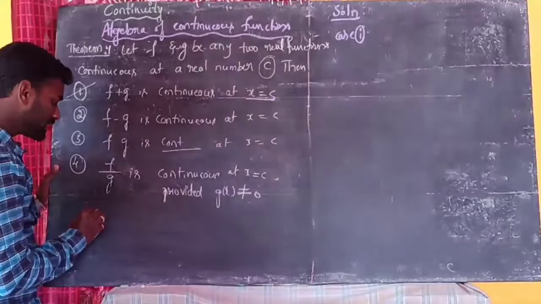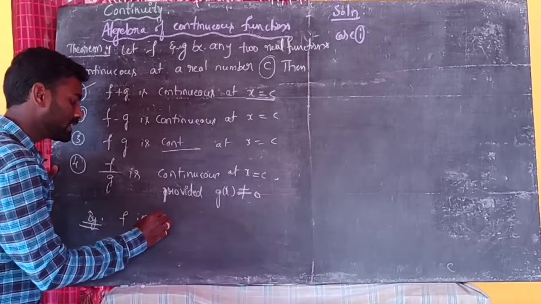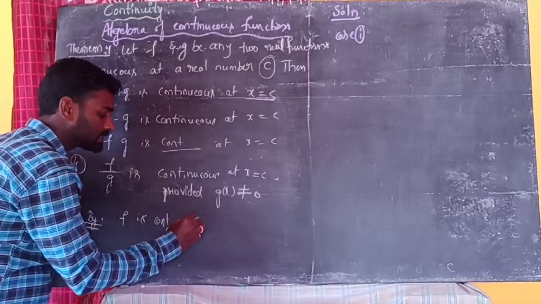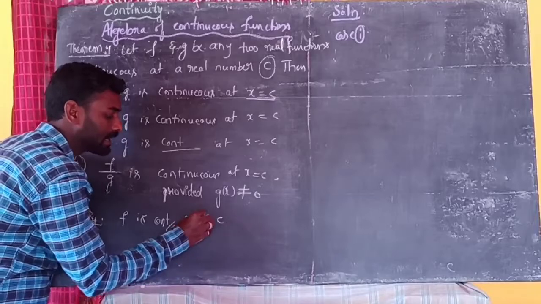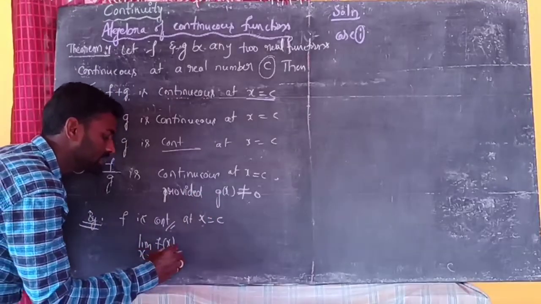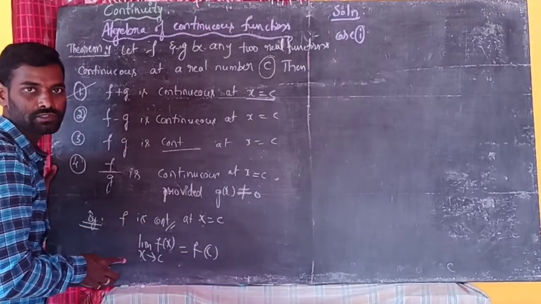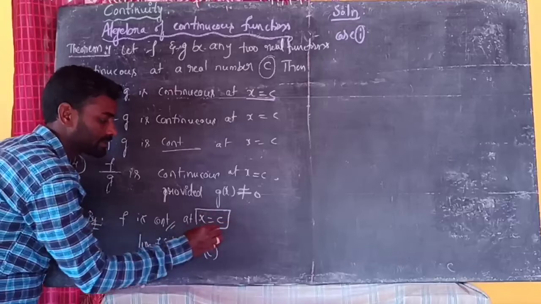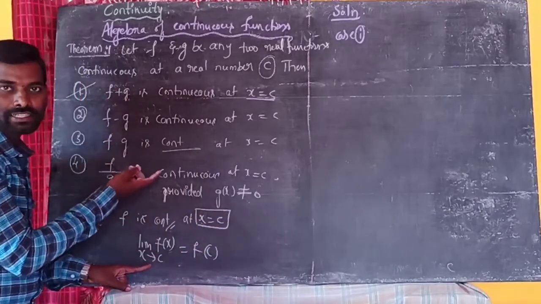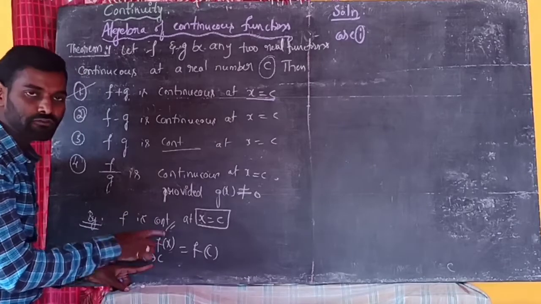By definition of continuity, f is continuous at x is equal to c means that can be written as limit of f of x as x tends to c is equal to f of c, right? This is by definition of continuous function at x is equal to c. Now, we have to prove f plus g is continuous at x is equal to c. That means we have to consider this function f as f plus g.